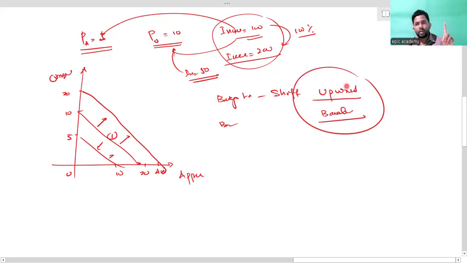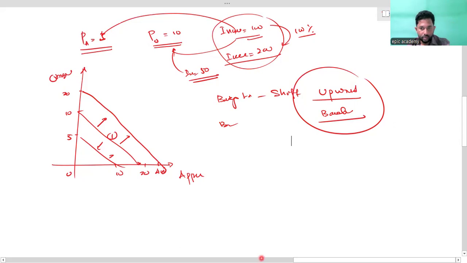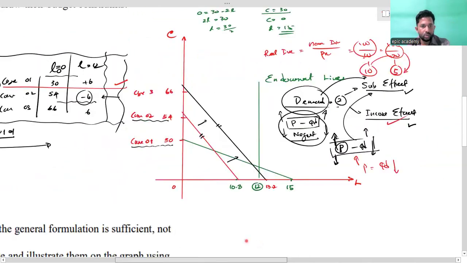So now you have to identify that when the prices of the commodities are constant, unchanged, and the consumer income increases or decreases, the budget line shifts upward or backward. You can identify that situation here also, isn't it?